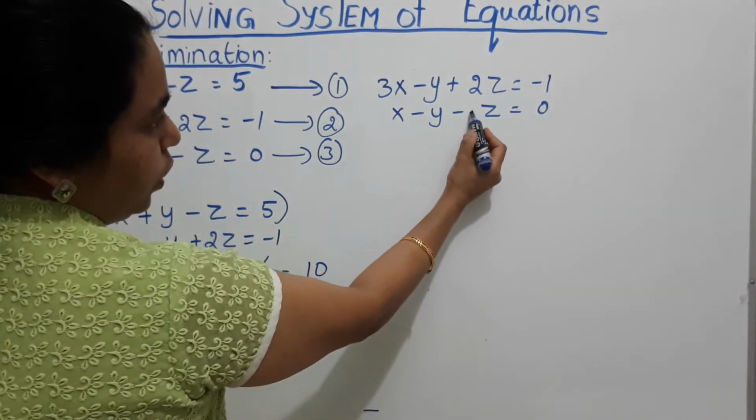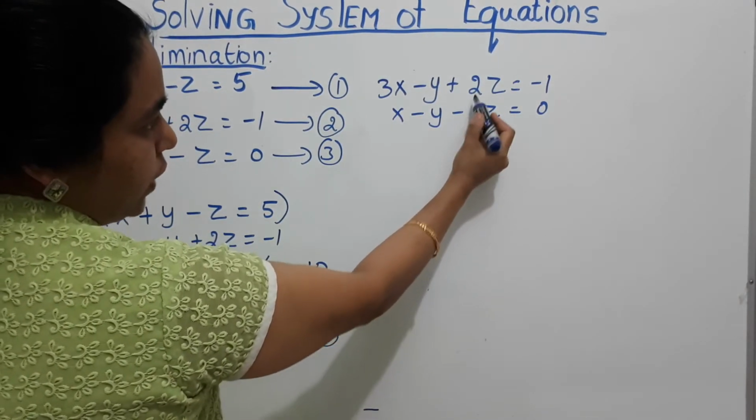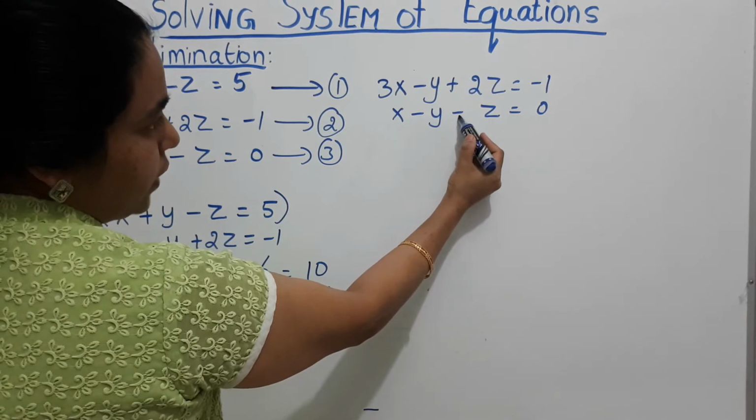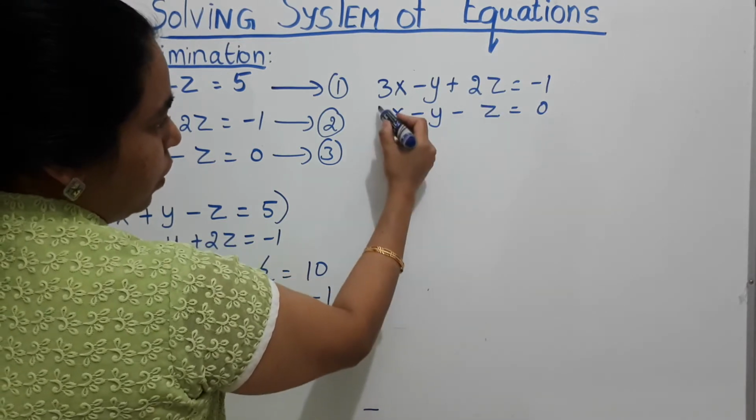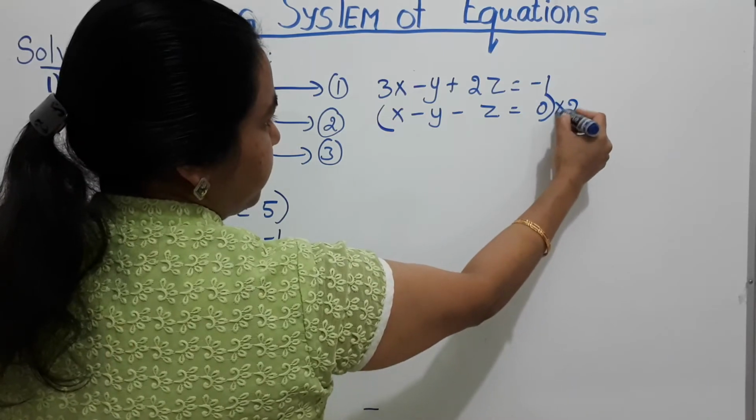Here also you have to multiply this equation by 2 so that you have opposite signs and the same coefficient.